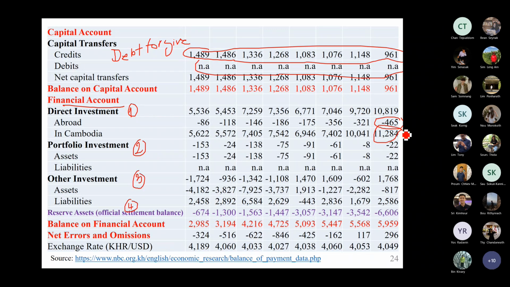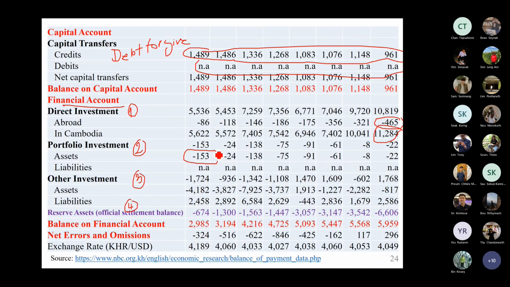And then we have the portfolio investment. And you can see the portfolio investment, we have this, the minus here is referring to the outflow, okay? So our people may invest overseas. For example, we may have Udom who may buy Toyota shares, okay? So the money flows out, but we own that Toyota asset overseas.